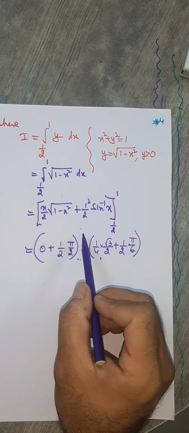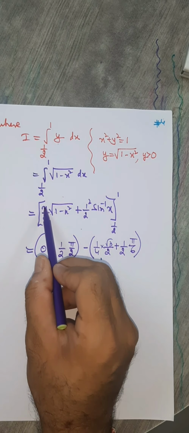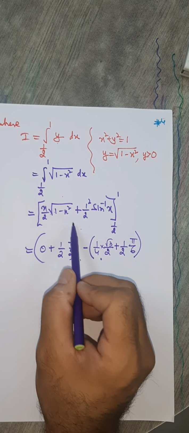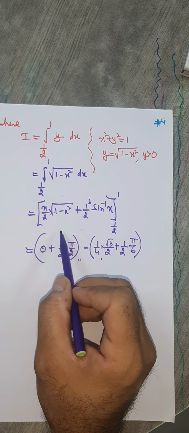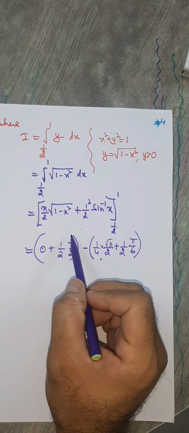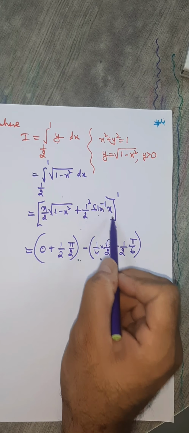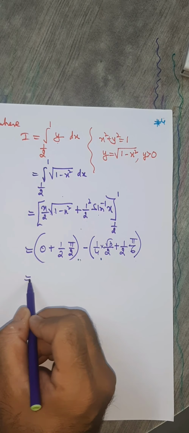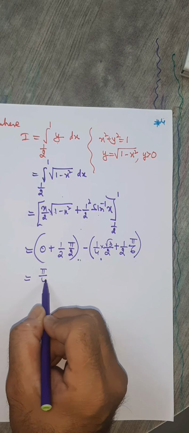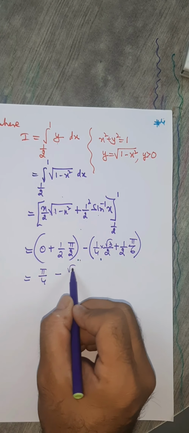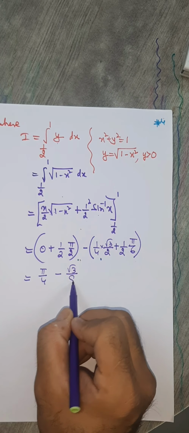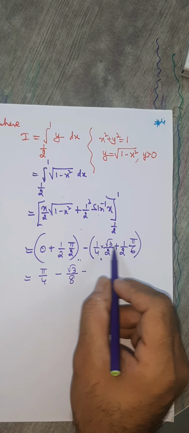Fine. Just put the lower limit. 1/4, 1 minus 1/2, 1/4, that is 3/2. This is sine inverse 1/2 as it is. Sine inverse 1 is pi/6. So let me simplify this. This is pi/4 minus root 3/8 minus, what about this?